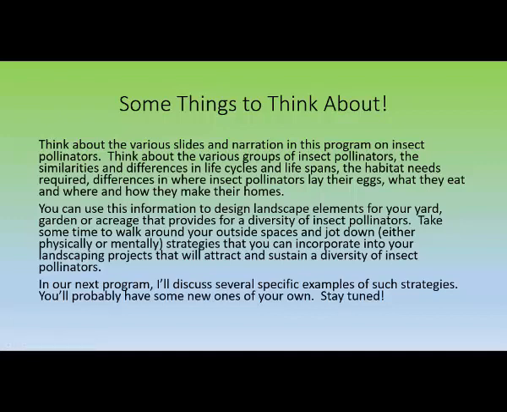So as you walk around your space in your garden, you can jot down some of the strategies that you might want to incorporate into an existing space, or really take some time and think about how many different strategies you can develop or devise that will attract and sustain these native pollinators. And then in the next video, we're going to look at some examples of specific strategies that we've just talked about, and then hopefully you'll come up with some of your own.